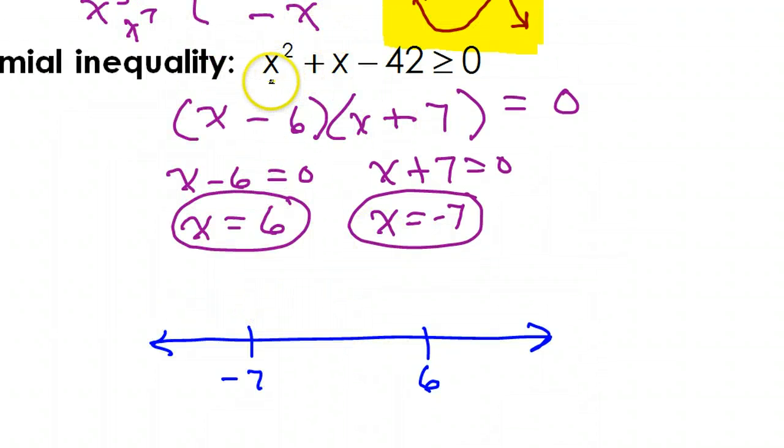Well, we want to know where the function is greater than or equal to 0. These are the zeros. This is where the function is equal to 0. So we want the values that are or equal to 0. So we will show these as filled in circles to show that they are included in the solution.